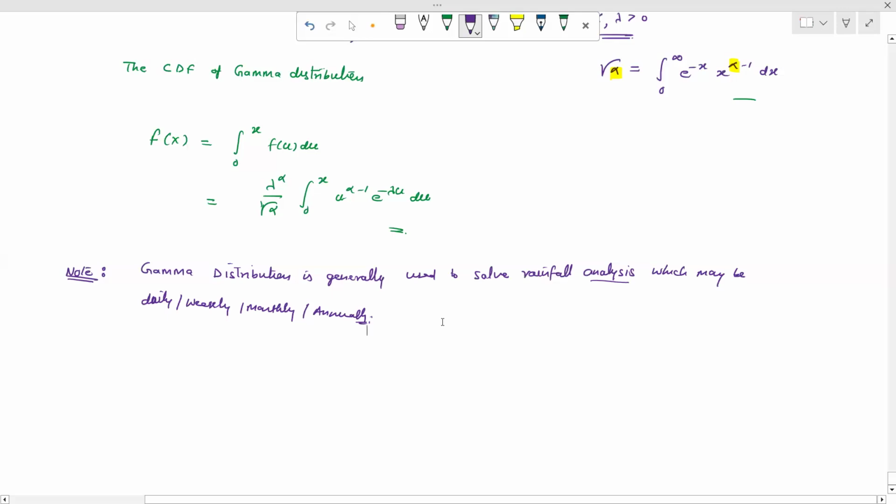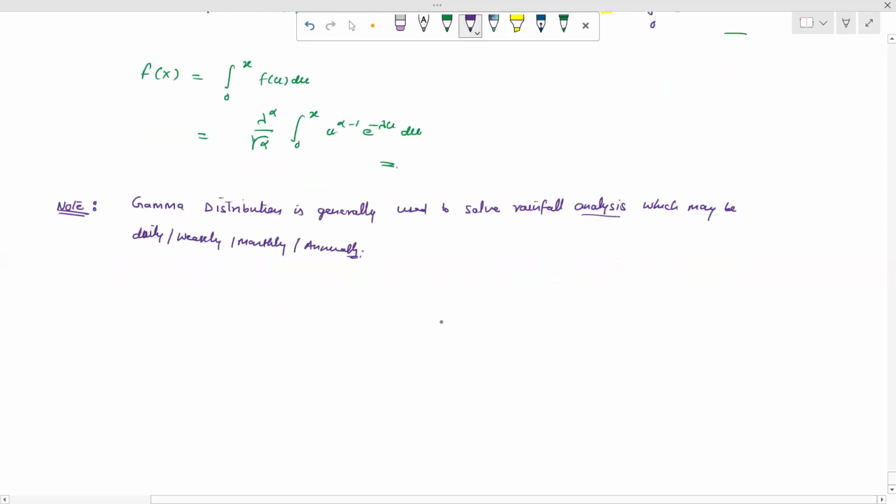So on the basis of this rainfall analysis, we take one problem. Very important question based on rainfall analysis.